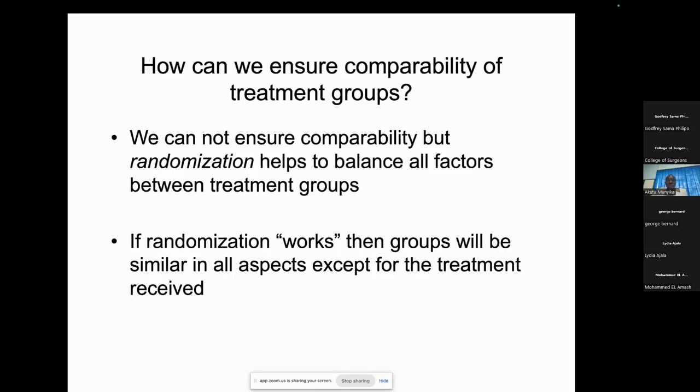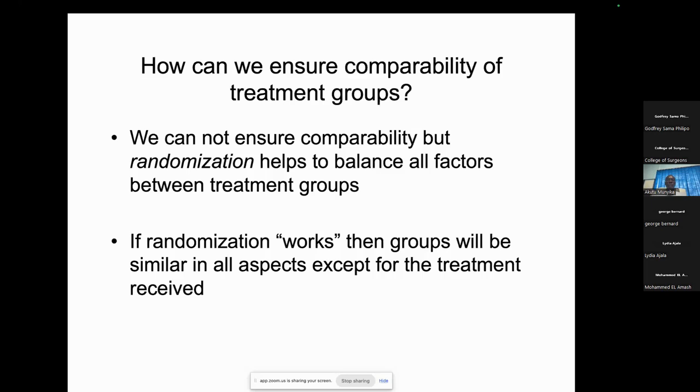This is where the concept of randomized controlled trials comes in, to try and reduce all these factors which will reduce the accuracy of the outcome as much as possible. If randomization works, then groups will be similar in all aspects except the treatment. Recall that it's probably not possible to achieve 100% comparability because some of the factors we may not have control over.